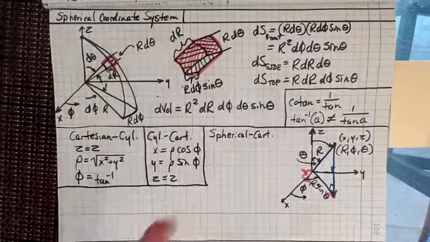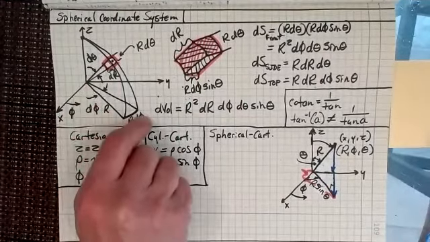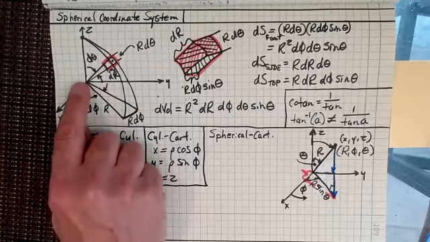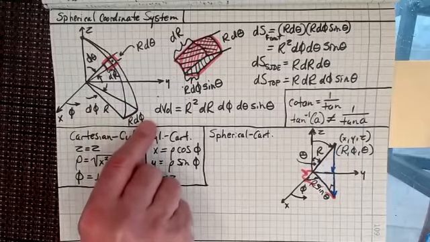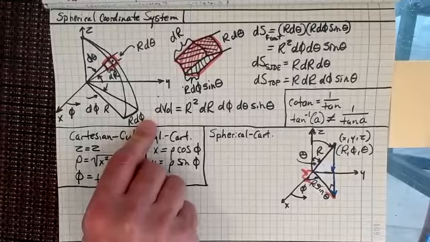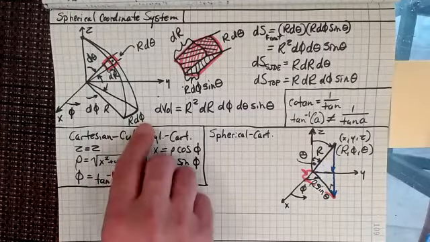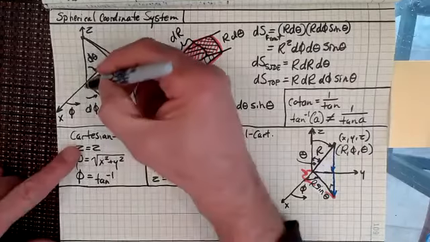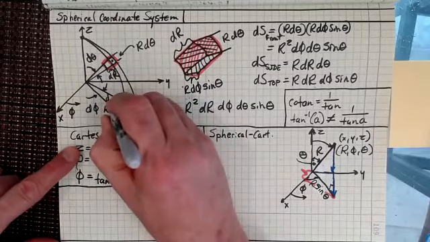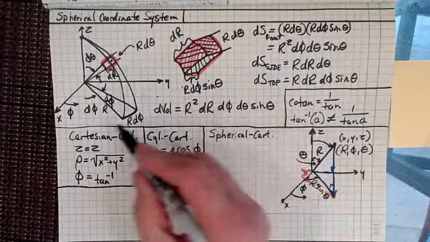So let's just look at this. Actually, I drew this so well, didn't I? If I look at a small little differential amount of d phi, it's just going to be right here, right? Because this angle right here is d phi.